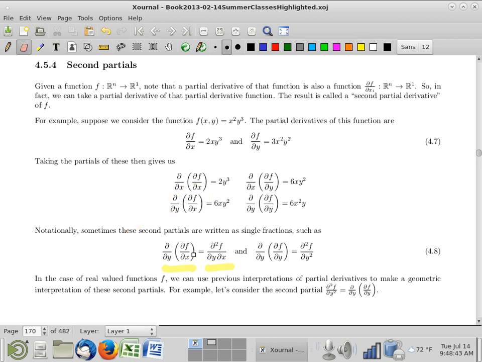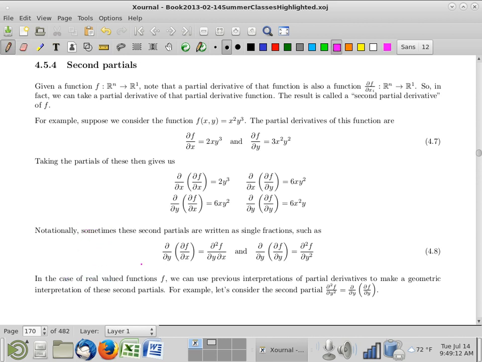Likewise for the others. Also, these might be written with the shorthand notation. So we started with a function f, we took the x partial of it, and then of that x partial we took the y partial. So this is that sort of compact notation. You'll see that written sometimes as well.